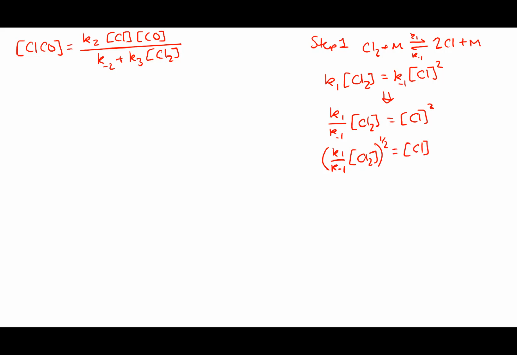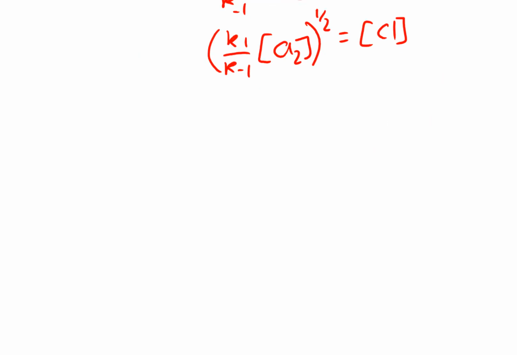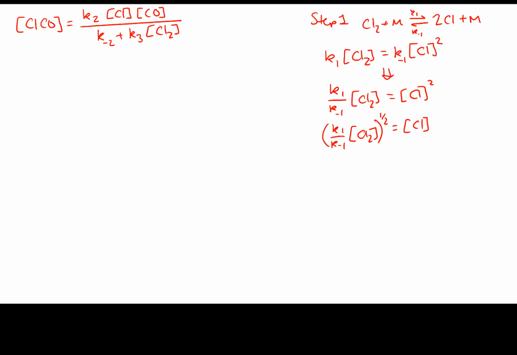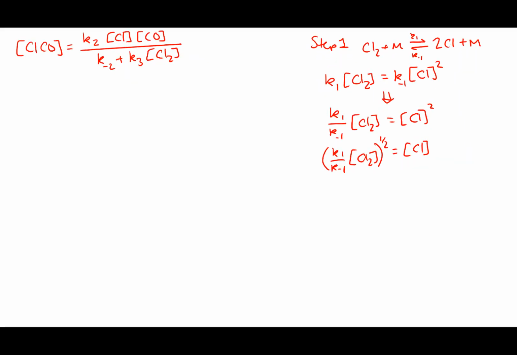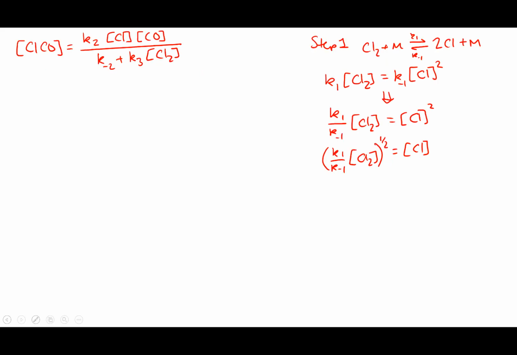Now, one easy thing that we can think about is that K1 over K minus 1 is the equilibrium constant. And so we can rewrite that as big K1 times the concentration of Cl2, to the power of 1/2, equals Cl.